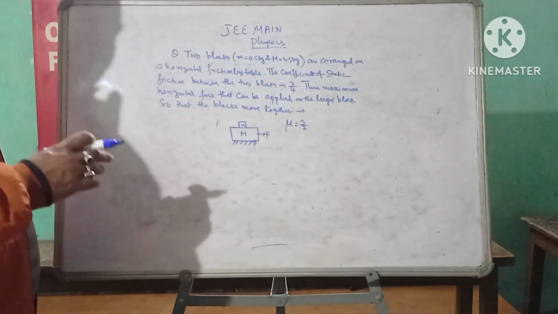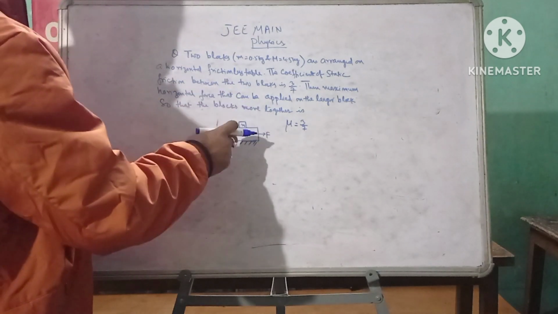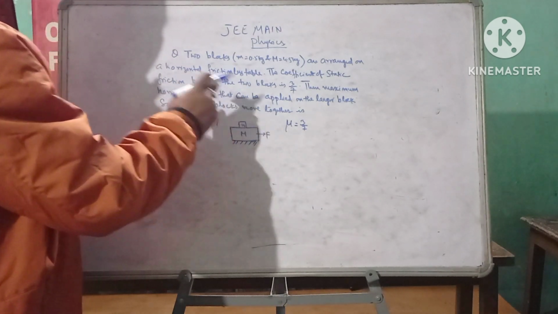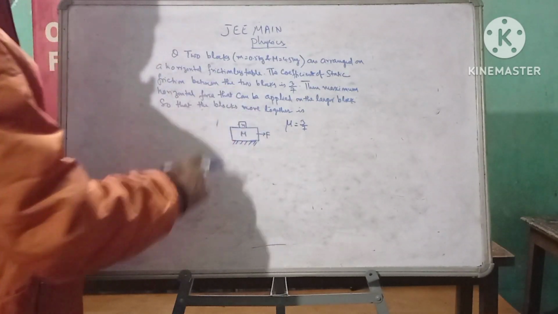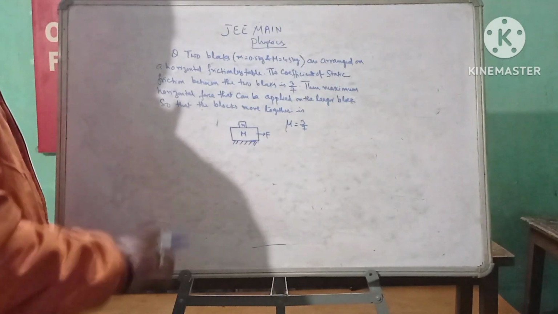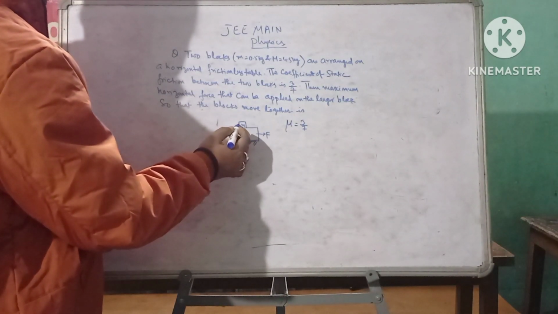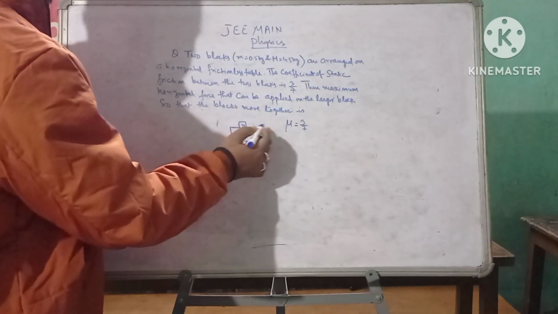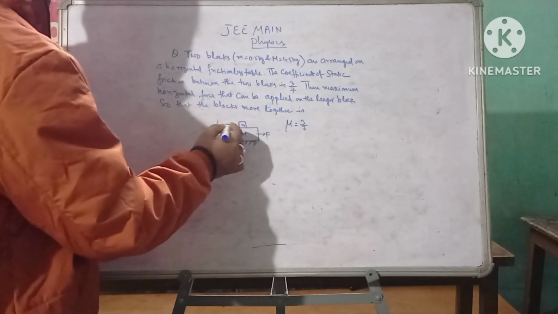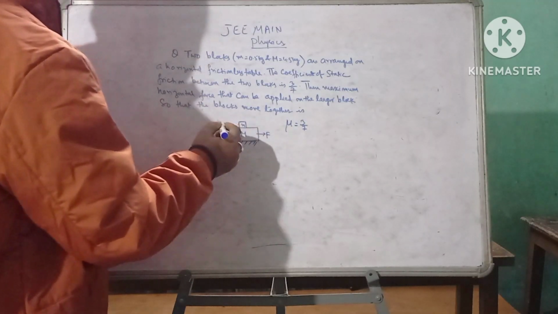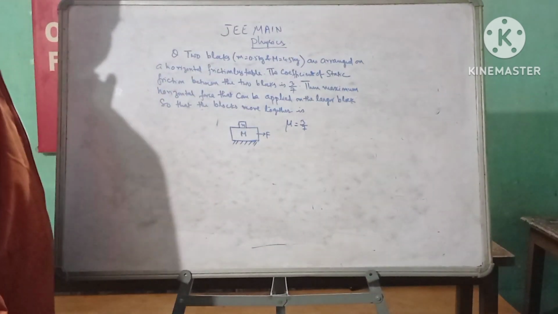The most important point here is that these two blocks are moving together. That means you can say that this is one piece. The most important point here is that the coefficient of friction between this block and this block is given to you. But as we know, the frictional force always acts in a direction opposite to the motion of the body.